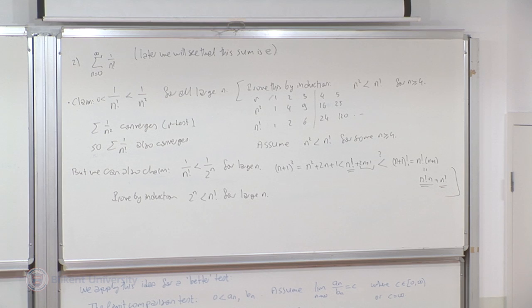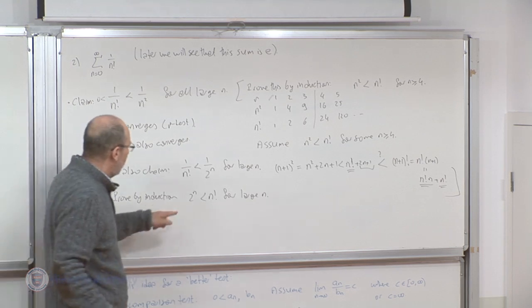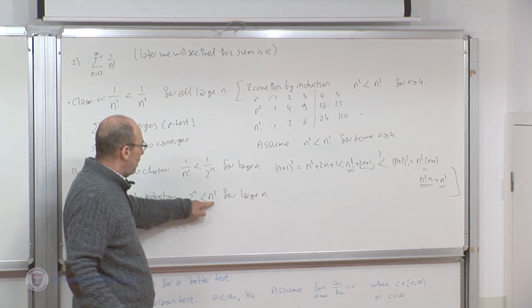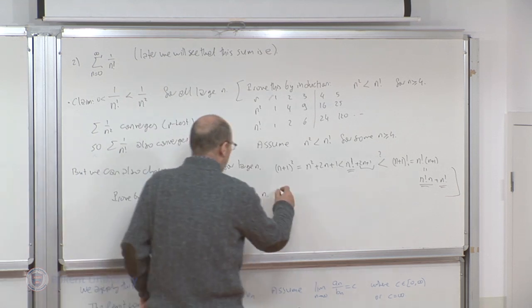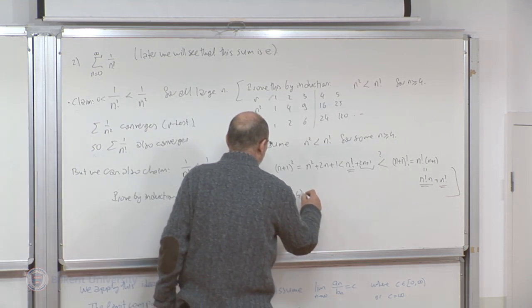In this case, it's easier to prove. So where does it start? 2 to the 4 is 16, 4 factorial is 24, so it starts from there. 2 to the 3 is 8, 3 factorial is 6, so it's not working there. So n larger than or equal to 4.